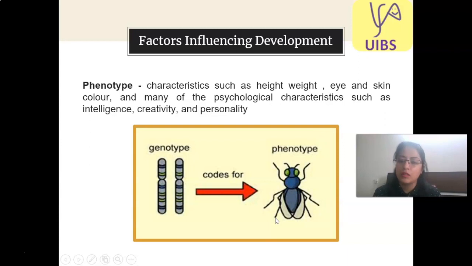So genotype is the actual genetic material, and phenotype is the characteristics that the person occupies based on the genotype. So your height, weight, eyes, skin color. Also certain psychological traits are also dependent on hereditary.